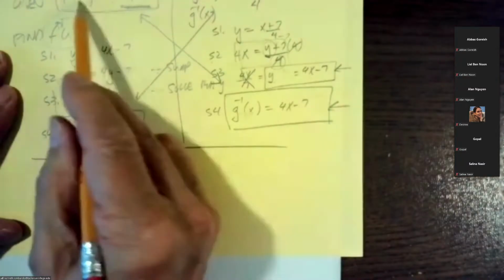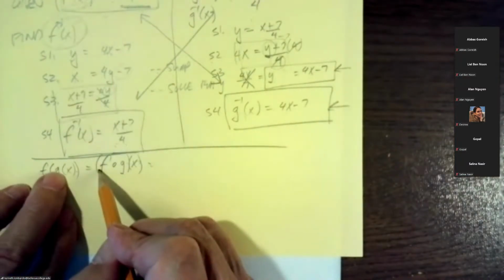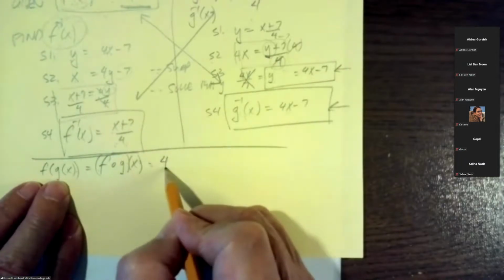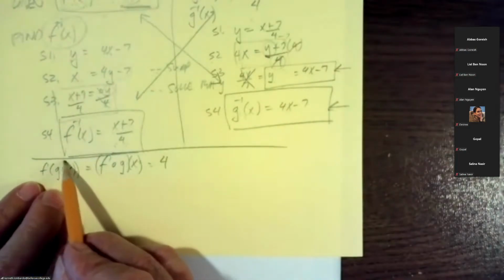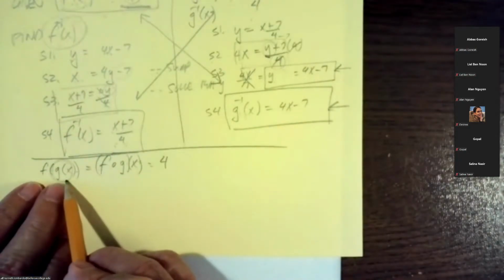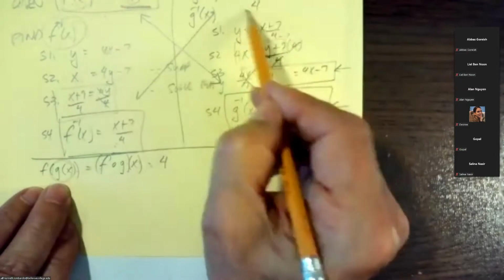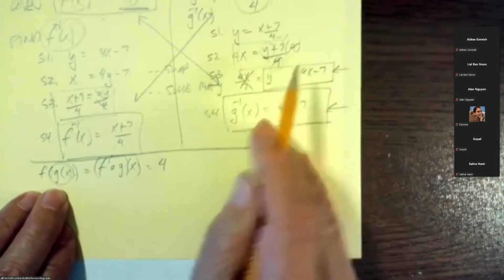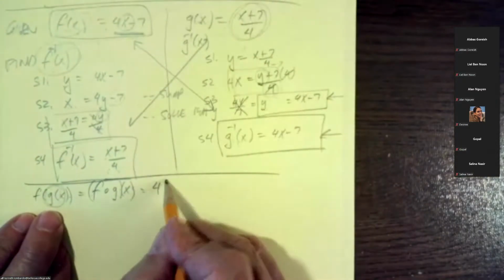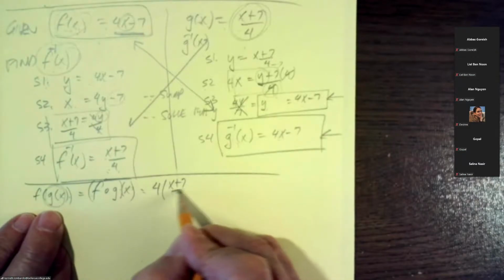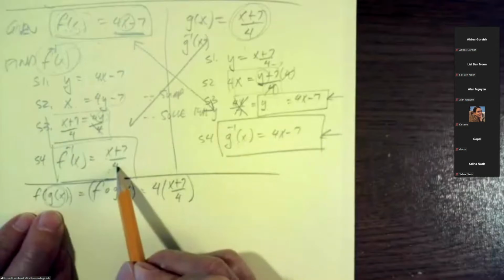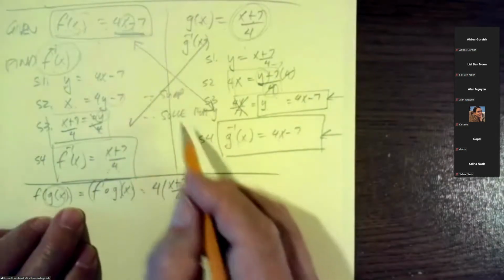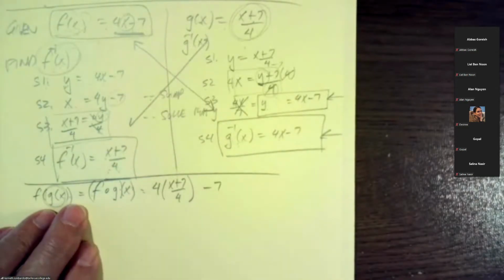And I'd say, well, the f function looks like 4, and then it has an x, but in place of x, I'm going to put g of x, which is this value here. So I'm going to put x plus 7 over 4, by substituting that for g of x. And then minus 7.